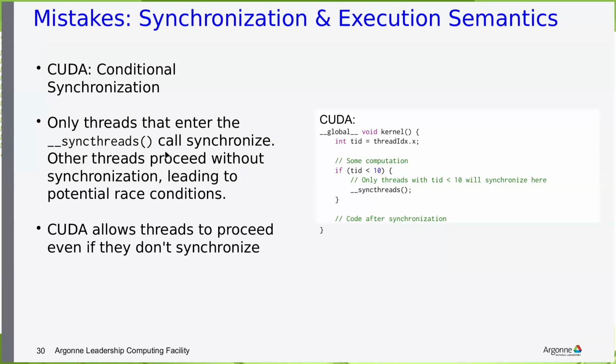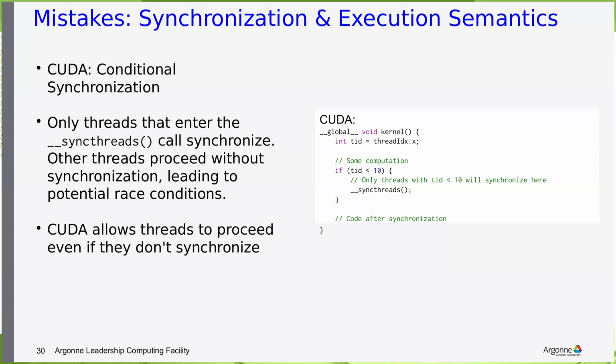This particular piece of code is not correct. It can lead to a potential race condition because some of the threads in a given warp are doing synchronization and some are not. This is undefined behavior, but it is still allowed in CUDA.